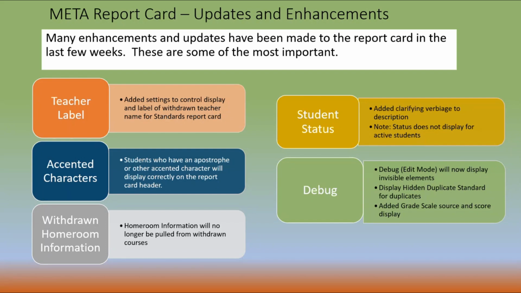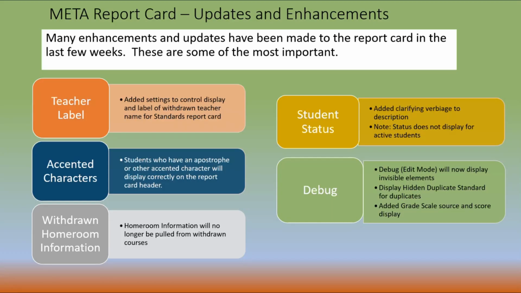And then debug. And we talked about this at the last district leader meeting, I believe, but on your report card, there's a little faint gray icon on the top right of your report card when you're looking at it. Click on that. That is your edit mode. It's really, really powerful. It shows you all of the data associated, and it will show you which things you've said you want to see and which things you don't.